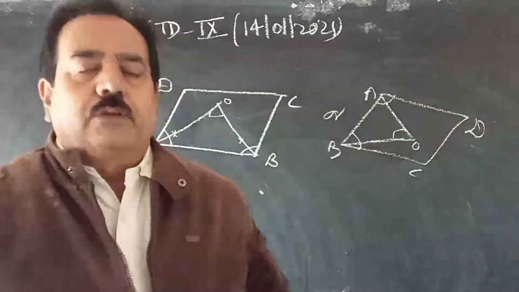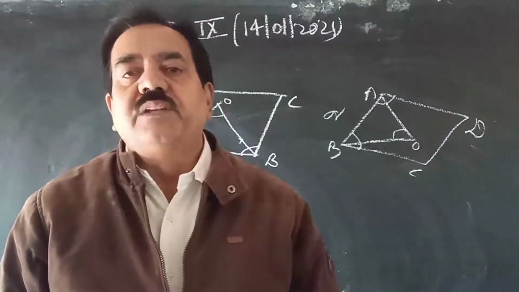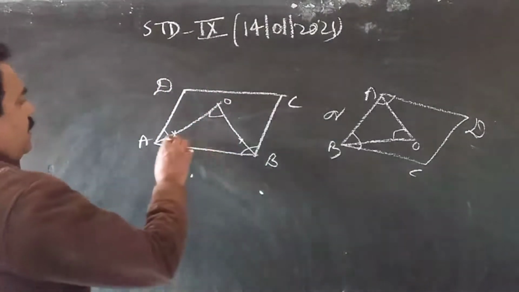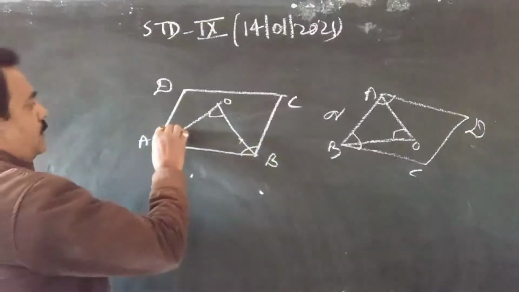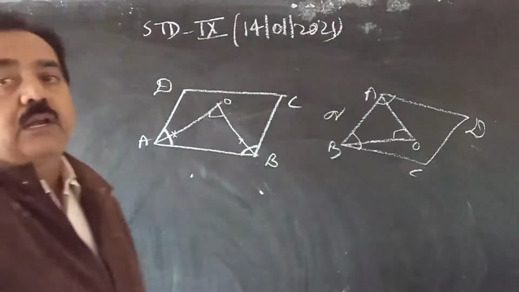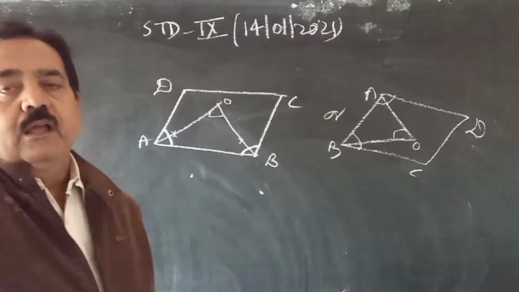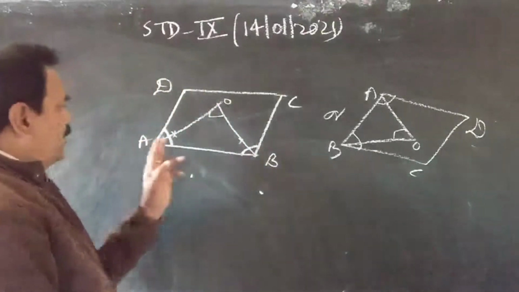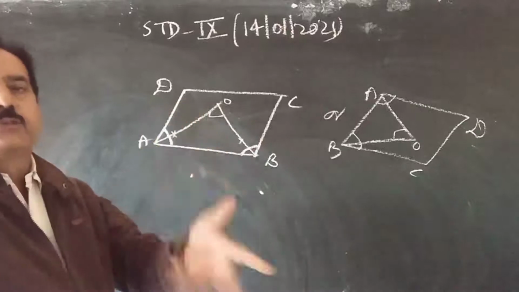So, bisectors of adjacent angles of a parallelogram meet at 90 degrees, that we have to prove. First, since it is a parallelogram, the sum of this angle and this angle will be 180, because they are co-interior angles, and co-interior angles sum to 180. But we don't know the magnitude of each angle.